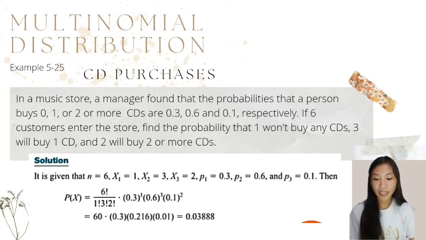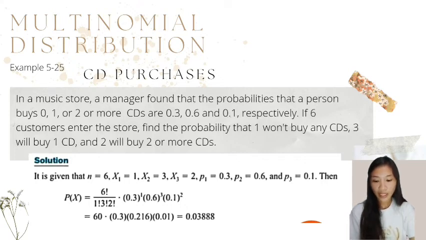Then, the probability of x is equal to 6 factorial over 1 factorial times 3 factorial times 2 factorial times 0.3 to the power of 1 times 0.6 to the power of 3 times 0.1 to the power of 2.